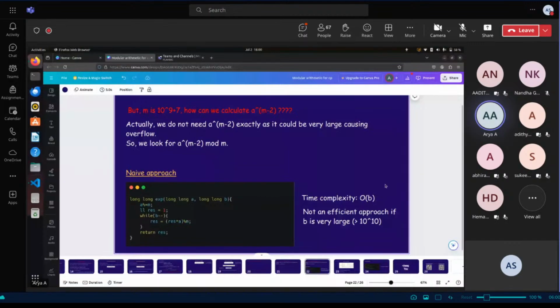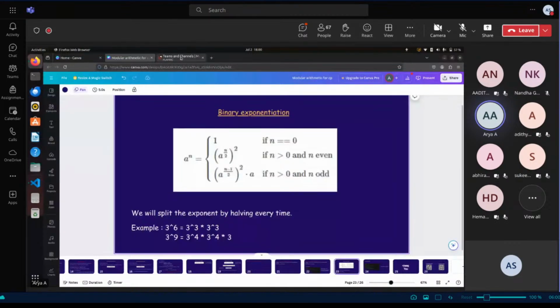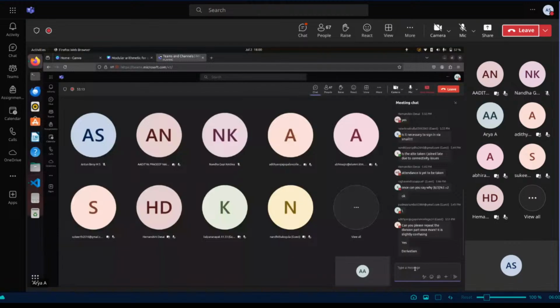So hence we are going to introduce a new algorithm known as the binary exponentiation algorithm. Before that, are there any doubts? I'll wait for a minute.